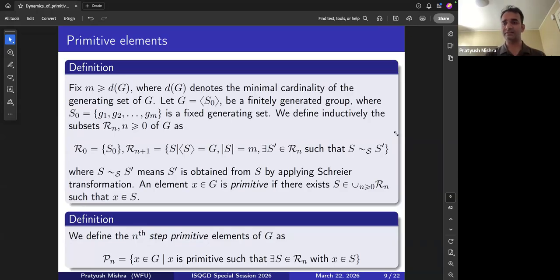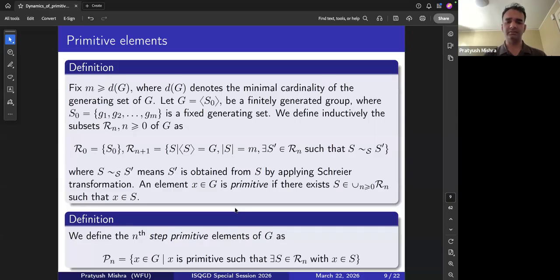Then we say the element X is primitive. This is a more rigorous way of defining it. And then we talk about first step primitive elements and second step primitive elements. Historically, even these are important objects in group theory.